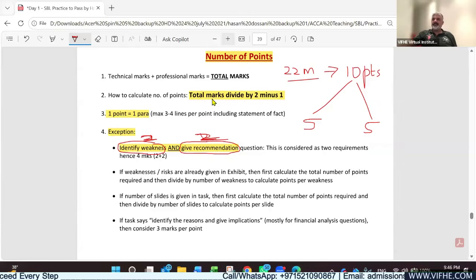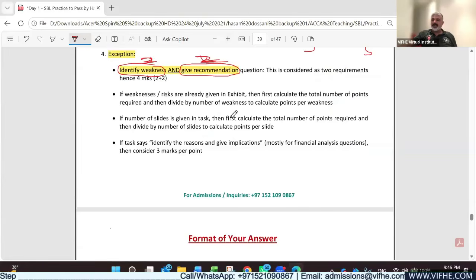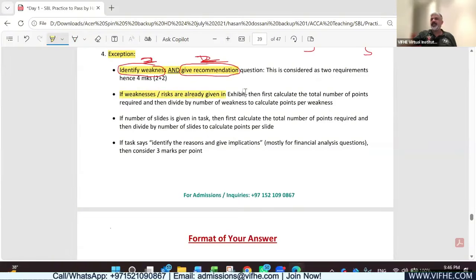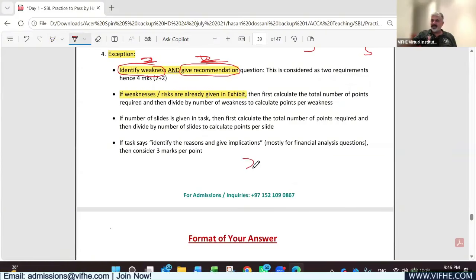Okay. Now, sometimes the examiner will give you the weakness. Already it will mention the weakness in the exhibit. Supposing it's a 22 marks question, how many points do you require? 10 points, right?